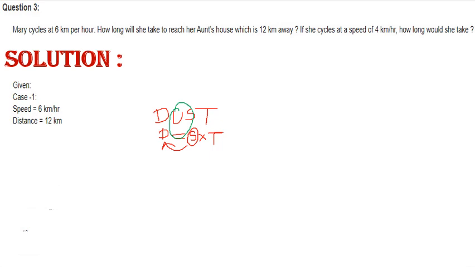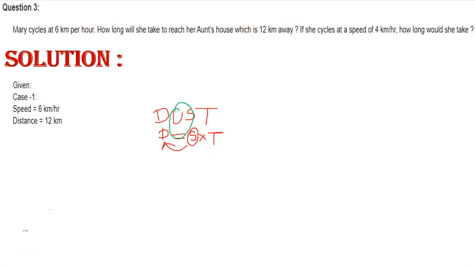That is, 12 kilometers distance in both situations. And in the first situation, speed is given as 6 km per hour. In the second situation, speed is given as 4 km per hour. So we need to calculate time in both situations. So how do we calculate time? By modifying this formula.